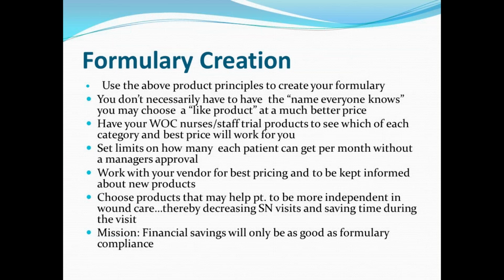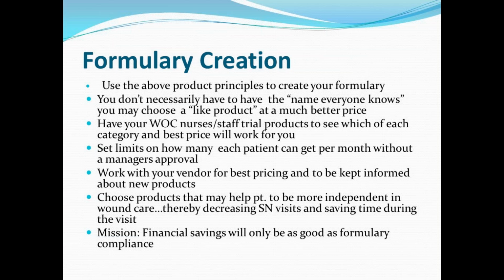So put down on your formulary that they could get 6 or 8 pieces without having a manager have to approve more. That way, your staff are not going to say, and I have staff who do this, they call our provider and say, give me the most I'm allowed. And then I go in that house, and there's a box of unused product that cost us $150, and I am not a happy camper.